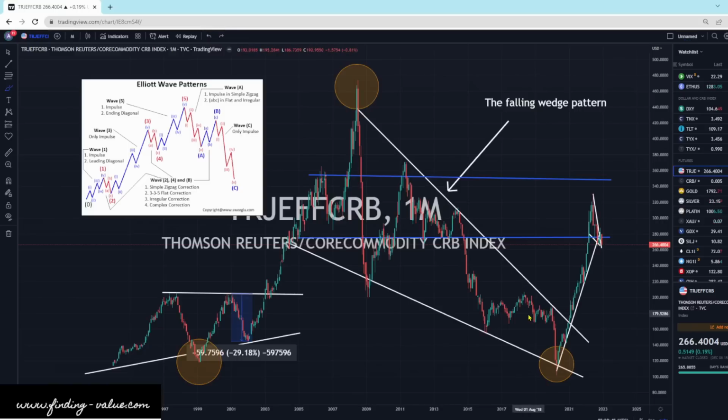The thing that you want to look for is, is this trend done? Do we have a pattern that is signaling an end of trend type move?